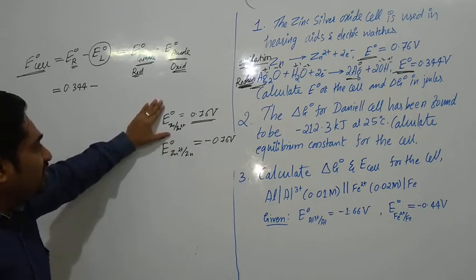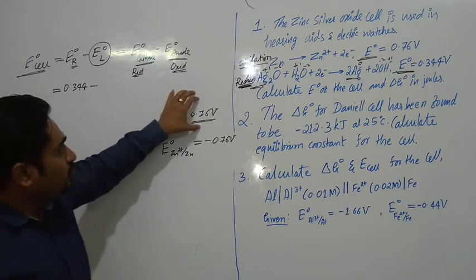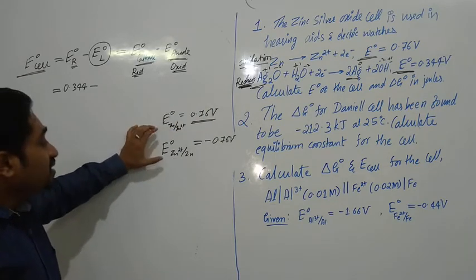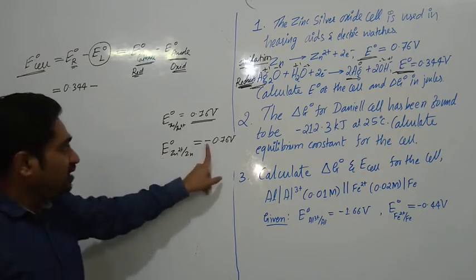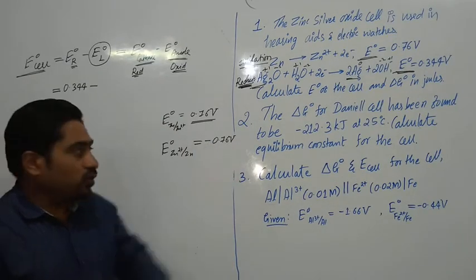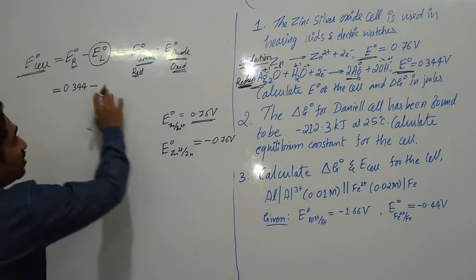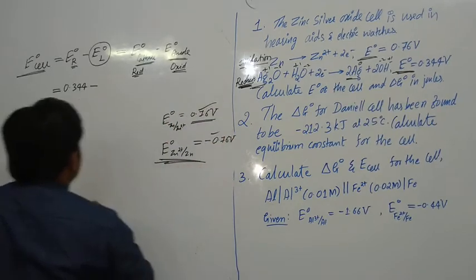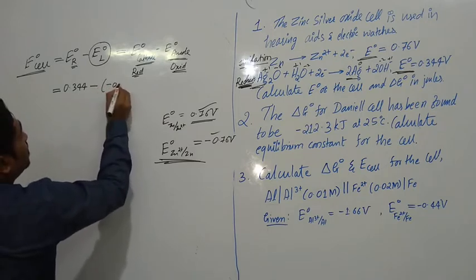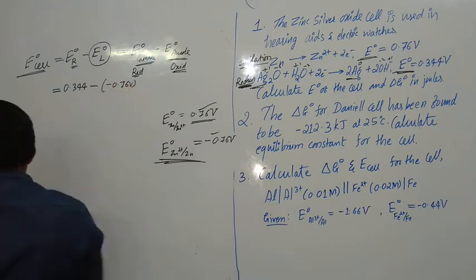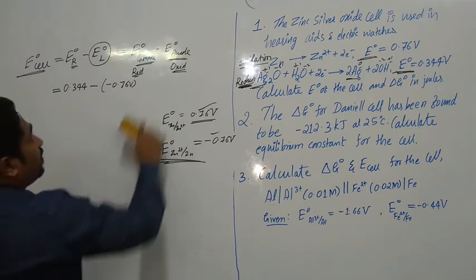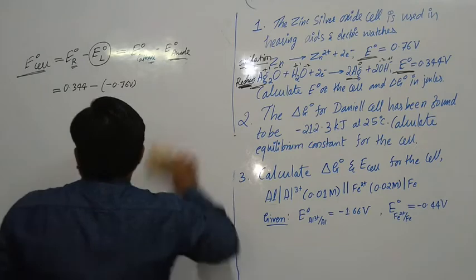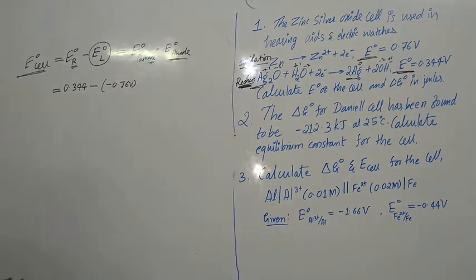Here the standard oxidation potential of zinc is 0.76 volt. For the very same zinc, the standard reduction potential is minus 0.76 volt. Here what should we write, plus or minus? Yes, we have to take standard reduction potential. So minus 0.76 volt. I hope all of you understood this, and let's go forward.